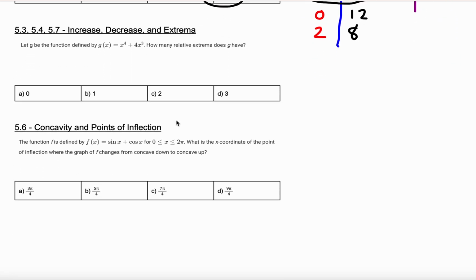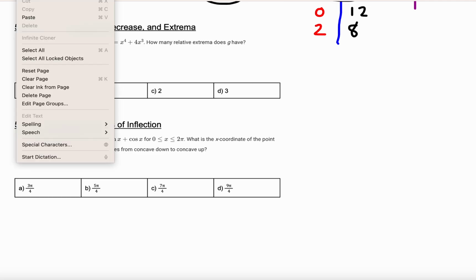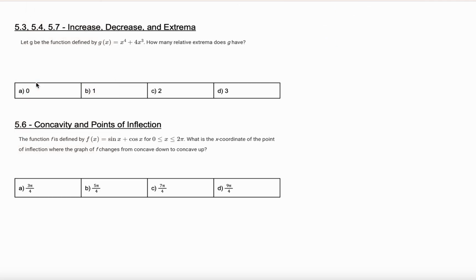Down here, we're looking at relative extrema. Relative extrema would come from critical values in the first derivative. So we're going to take the first derivative of g and get 4x cubed plus 12x squared. That will never be undefined, it will only equal 0. So let's see how many solutions we would have.